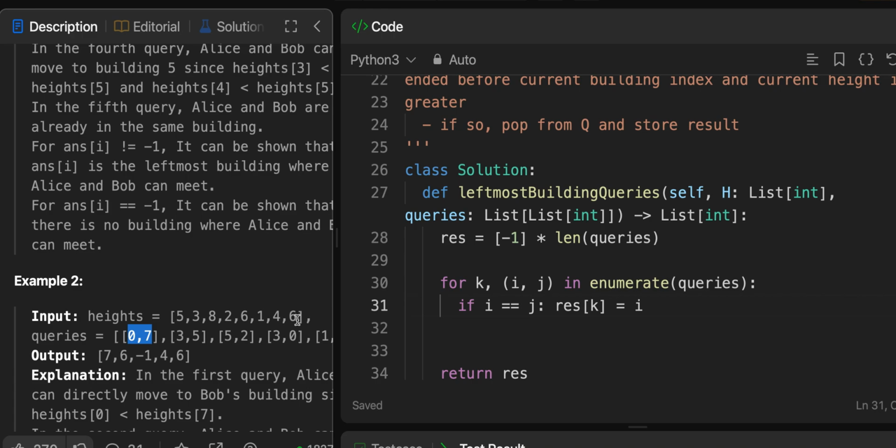So that's our answer. The one with the bigger building should be the answer. Again, but that requires that the smaller building is to the right. So we can only move a smaller to the bigger. If it's the other way around, then that wouldn't be easy. So let's go over that.